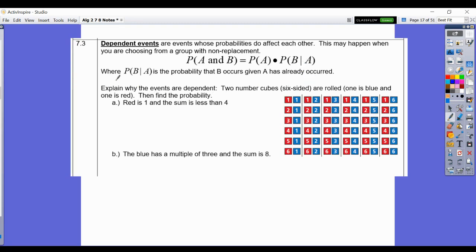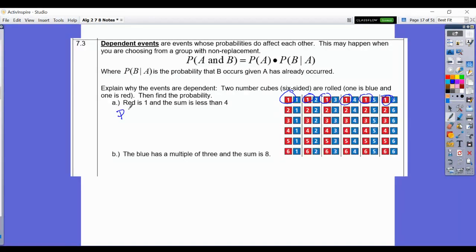So let's do this. First, explain why they're dependent. Two number cubes are rolled. One's red, one's blue. Find the probability that we have a red 1 and the sum is less than 4. The probability of a red 1 happens right here.